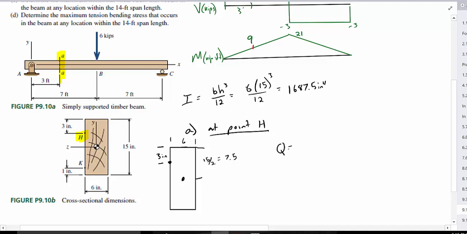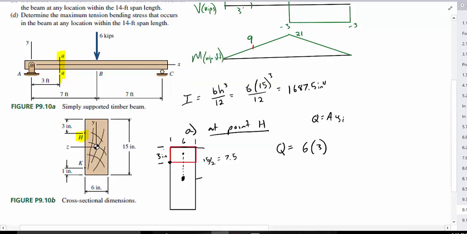So Q is going to equal the area that we're interested in, which is this area here, so 6 inches multiplied by 3 inches. This is our area, because Q equals area multiplied by y sub I. But what's y sub I? Y sub I is the distance from the centroid of the whole member to the centroid of the area that we're looking at.